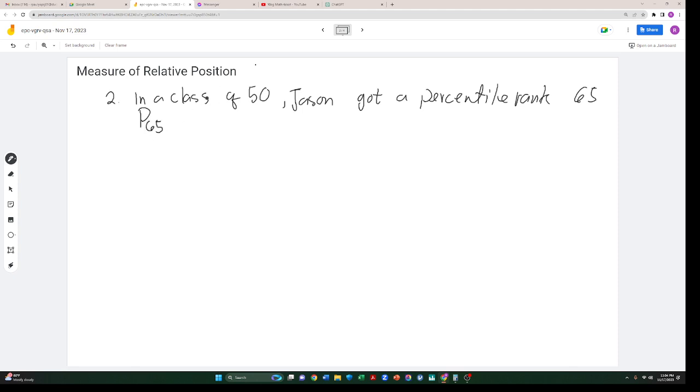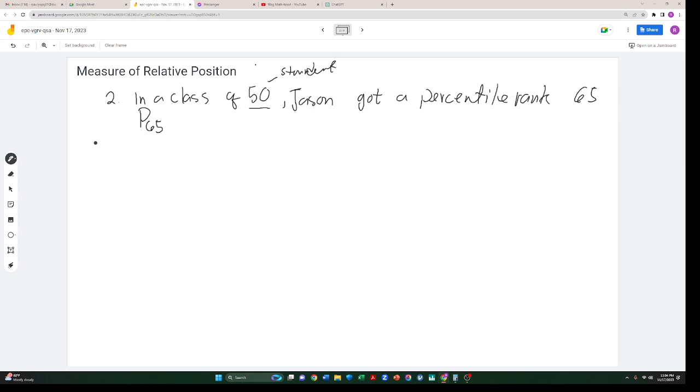Okay? So in this problem, in a class of 50, there are 50 students. Jason, one of the students in the class of 50, got a percentile rank of 65.